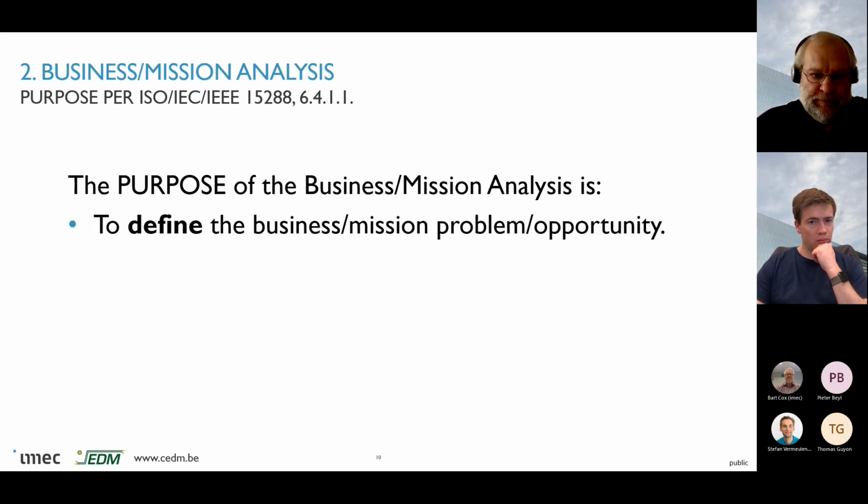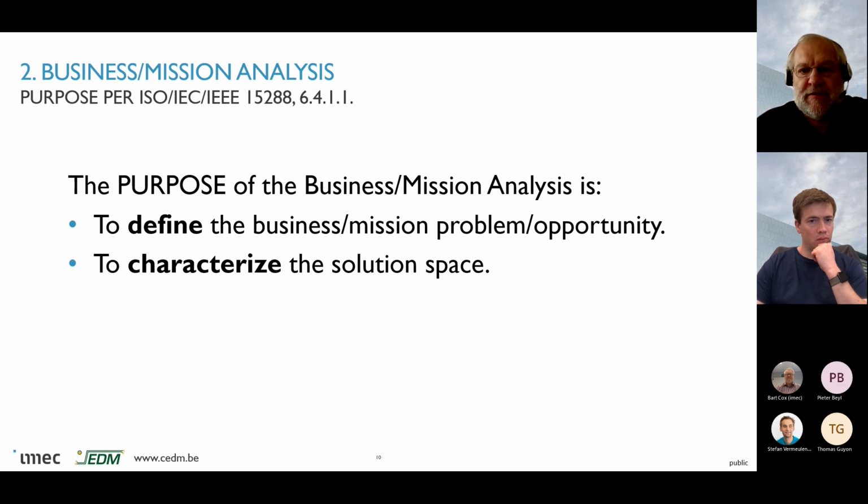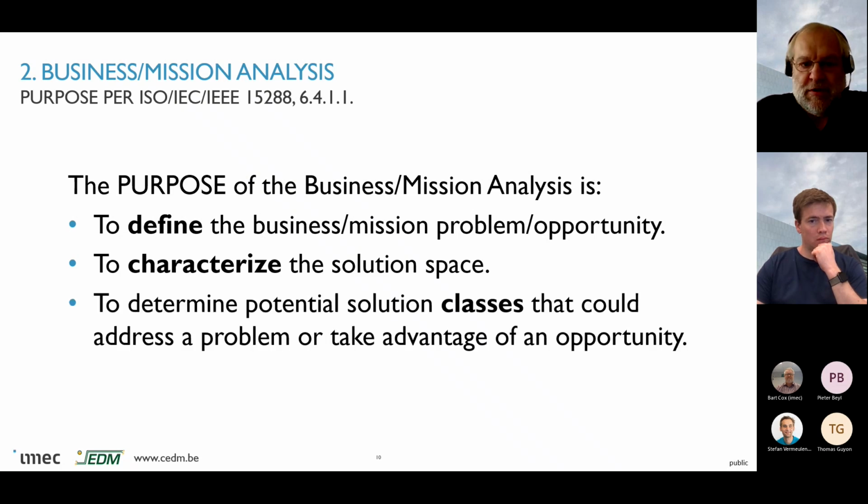First of all, we have to define the business or mission, problem or opportunity. We have to characterize the solution space, and we have to determine the potential solution classes that could address a problem or take advantage of an opportunity. It is very important, and that's why I put some words in bold, that the meaning of the words in these standards is of great importance.